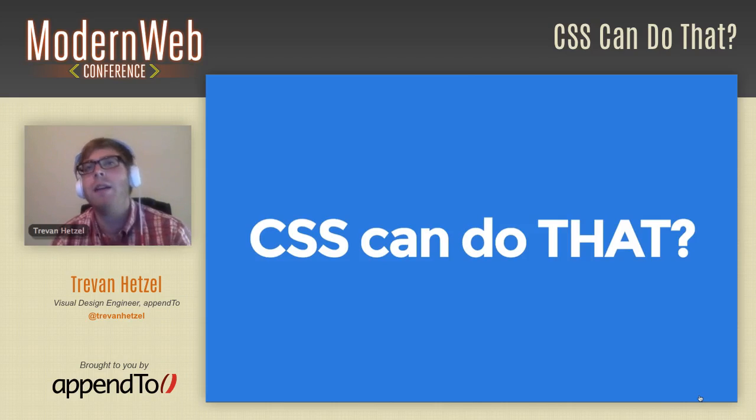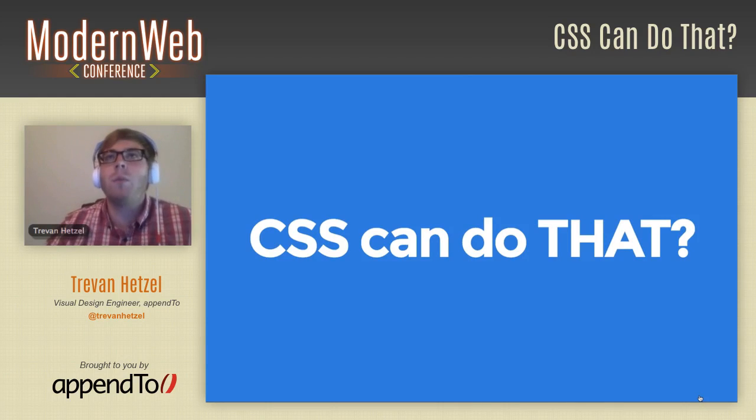As I was preparing this talk, I narrowed it down to one main thing that I found to be the biggest thing in my eyes that's so cool about CSS. Typically people use JavaScript and jQuery for things like click events, right?